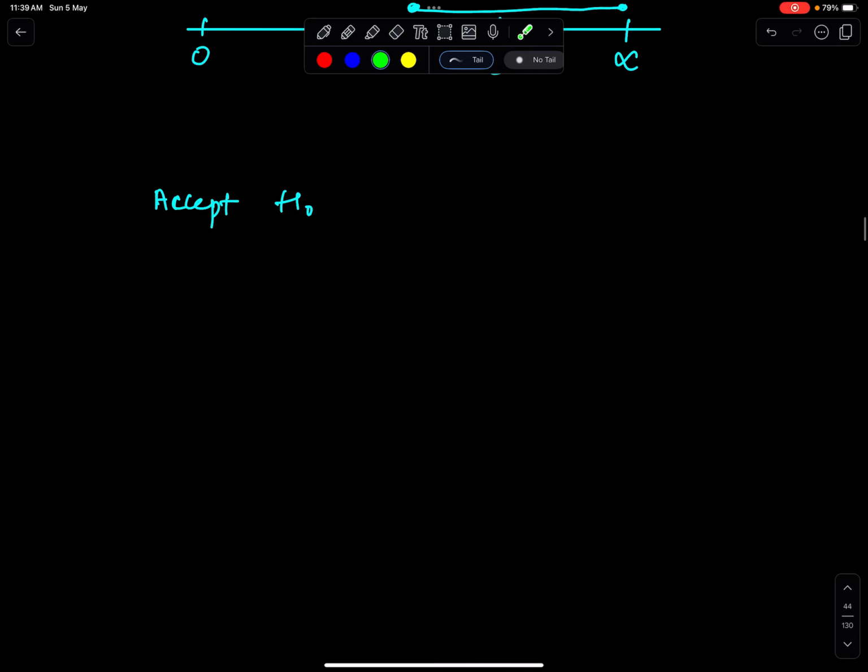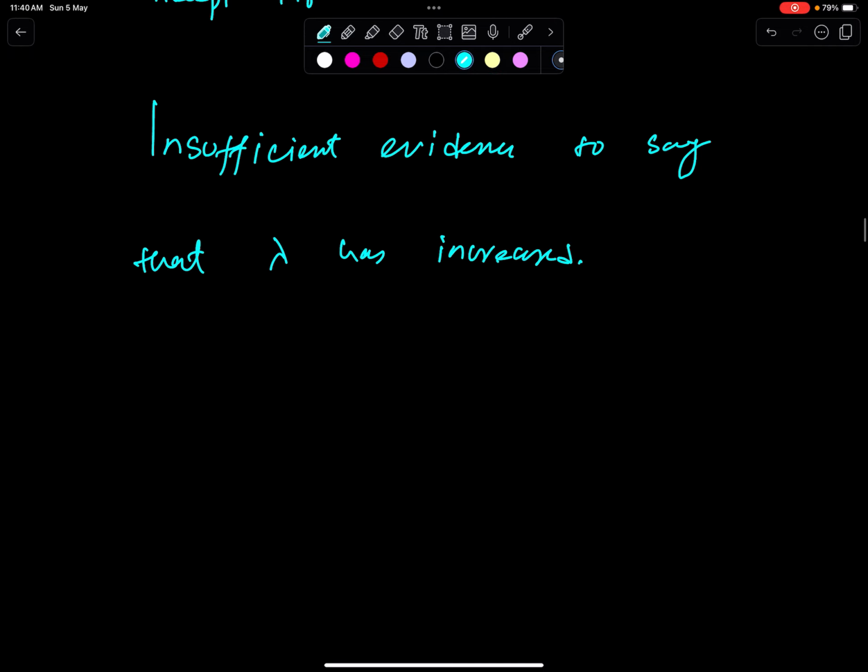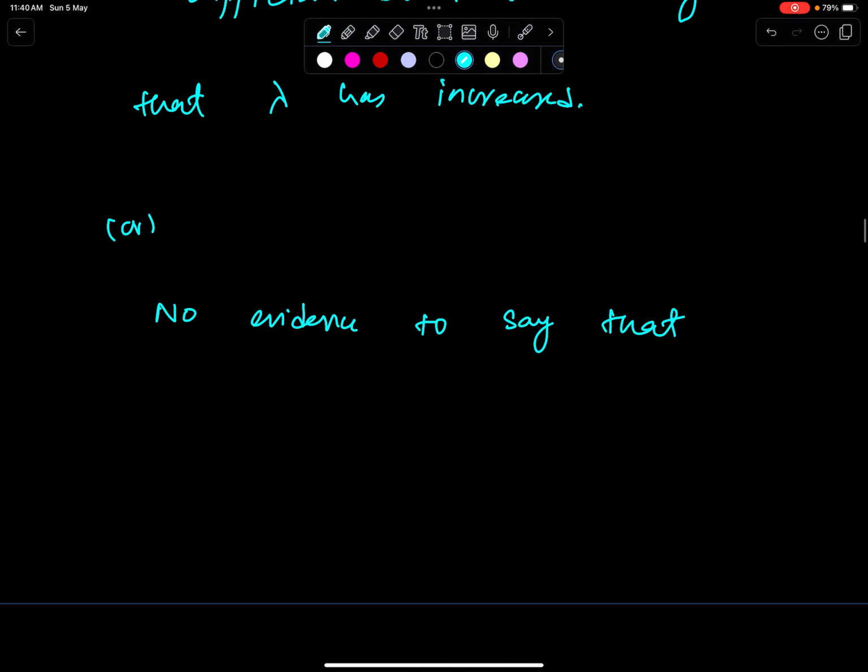Or you can say insufficient evidence to say that lambda has increased. You can say in this way: no evidence to say that lambda has increased.